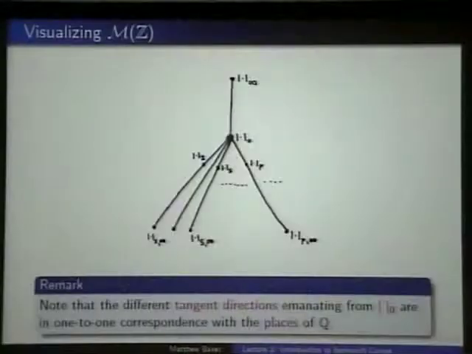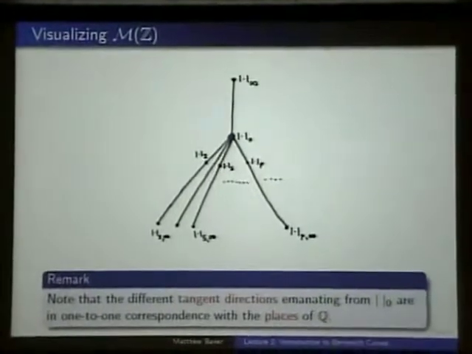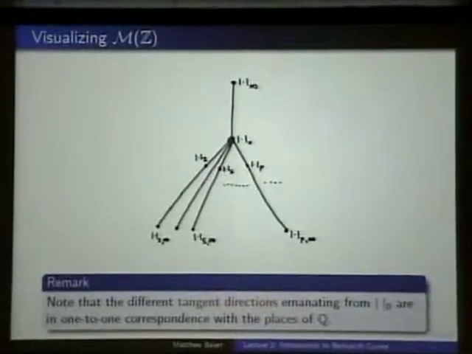And it's also easily checked that this agrees with this abstract definition as the weakest topology such that blah, blah, blah is true. So very concretely, you can see what the topology is. And note that the tangent directions emanating from this trivial point are in one-to-one correspondence with the places of Q. So even though here we weren't dealing with equivalence classes, we were just treating every distinct norm as a different point, we can sort of recover the places of Q as tangent directions.